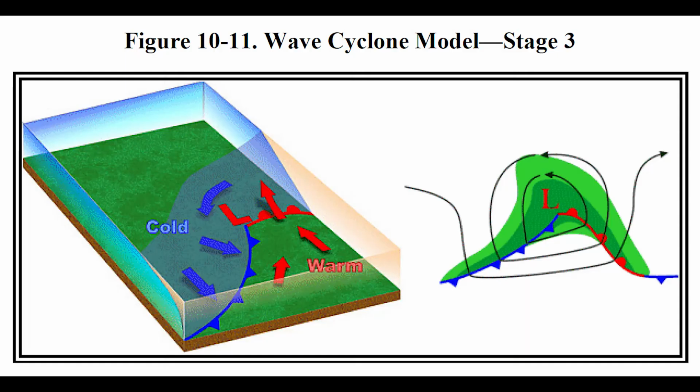That is that area of green shown here in figure 10-11. As it gets darker and darker green, that would be the clouds that get lower and lower and more widespread precipitation. Whereas the cold front lifts the air more violently, and you have a narrower band of precipitation at or just behind the cold front.